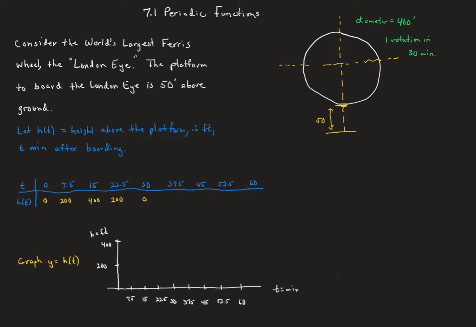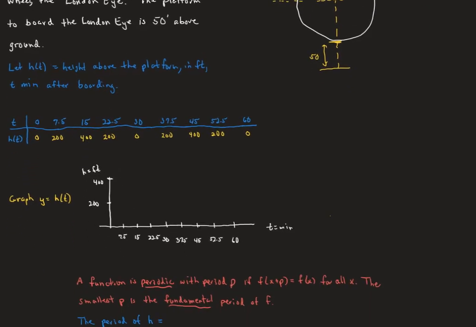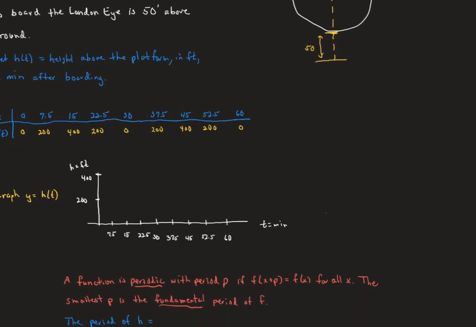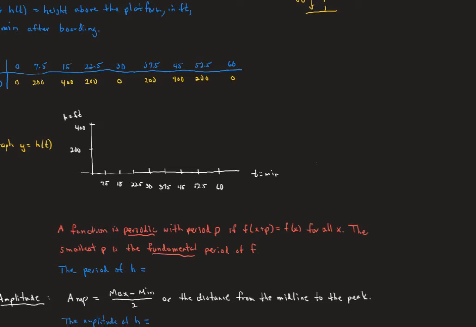So as we go on our second revolution around on this Ferris wheel, our height is going to go up to 200, all the way up to our highest point of 400, back to 200, and then back to 0 again. So let's move this over and plot some points here.